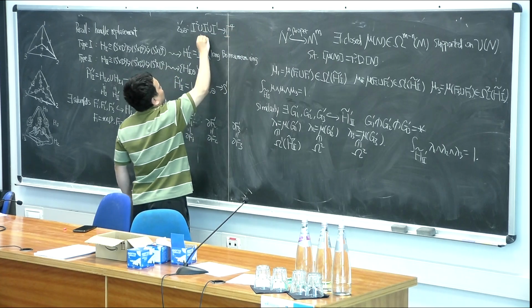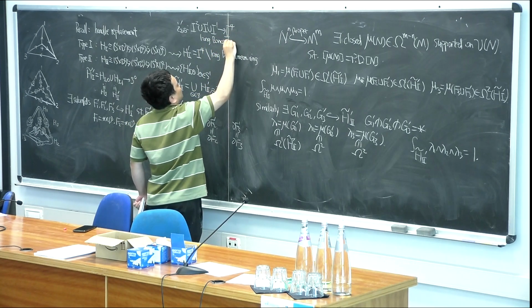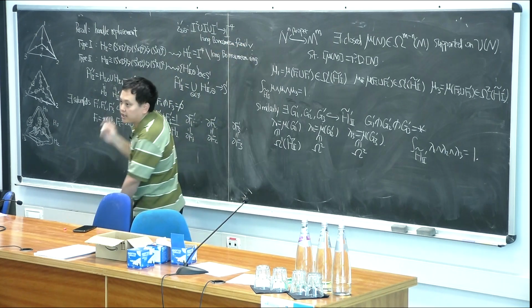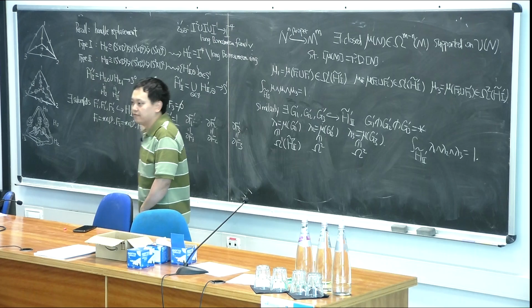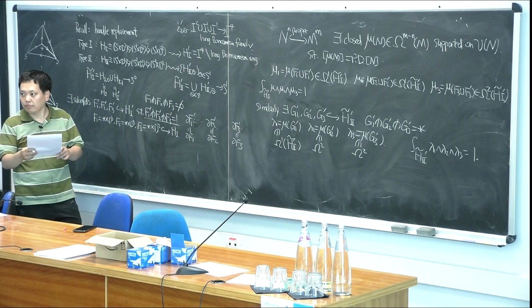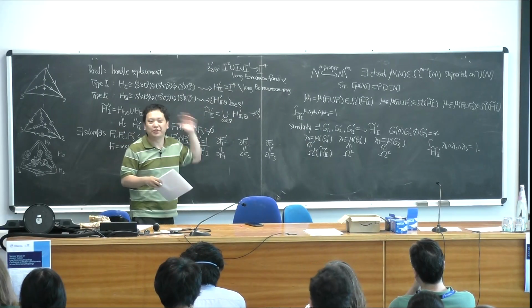This is the so-called long Borromean family. And you take the complement and get this family of handle bodies. They're all embedded in I4. So you take I4 cross S1 and you remove a tubular neighborhood of that.